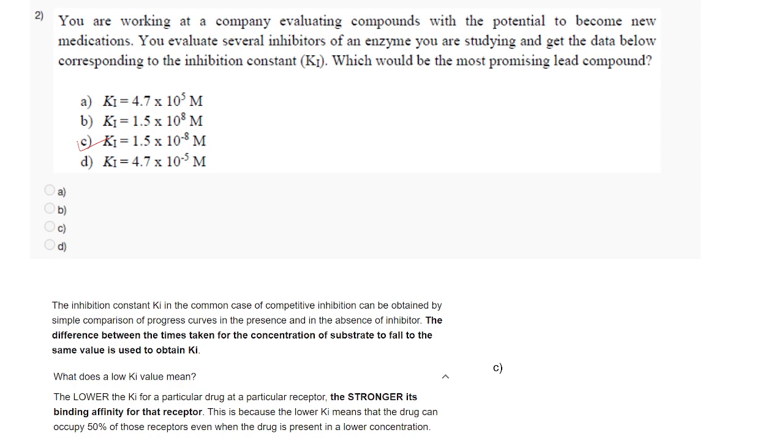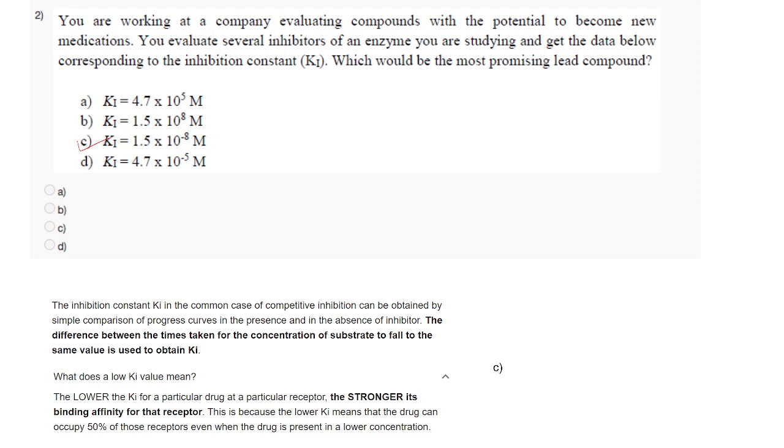This is because a lower Ki means the drug can occupy 50% of the receptor even when present in a lower concentration. If a very low concentration is required to inhibit 50% of the activity, that is a very potent drug.